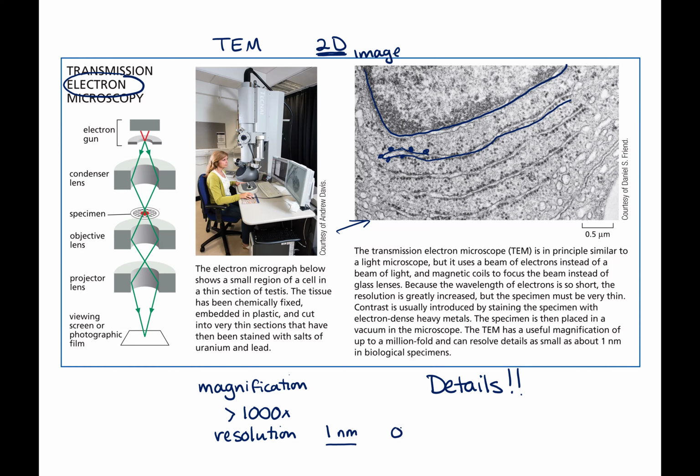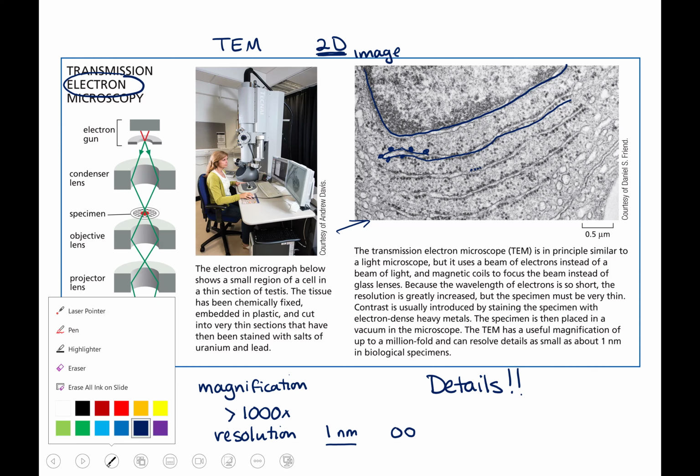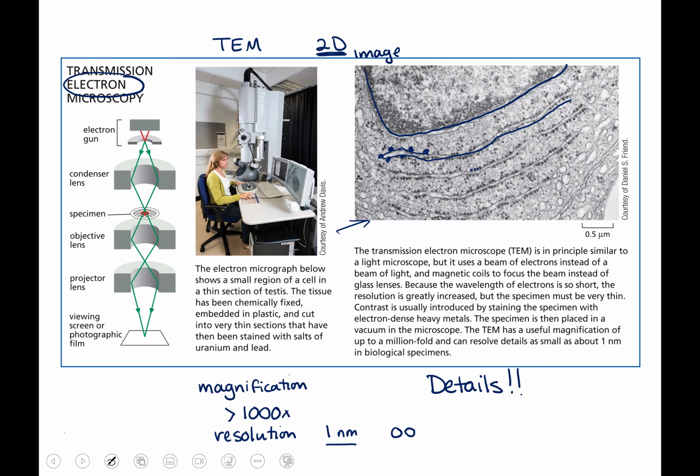So if two dots are even just a nanometer apart, you can see the difference. So you can actually see all these individual ribosomes, right? Here and here and here and here, even though they're very close together. So higher resolution, higher magnification, lots of details, and the image is nice and flat, 2D.